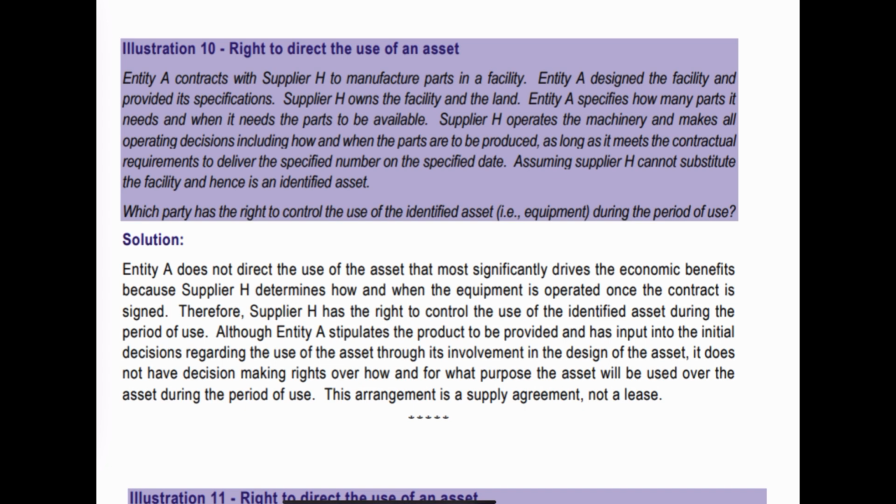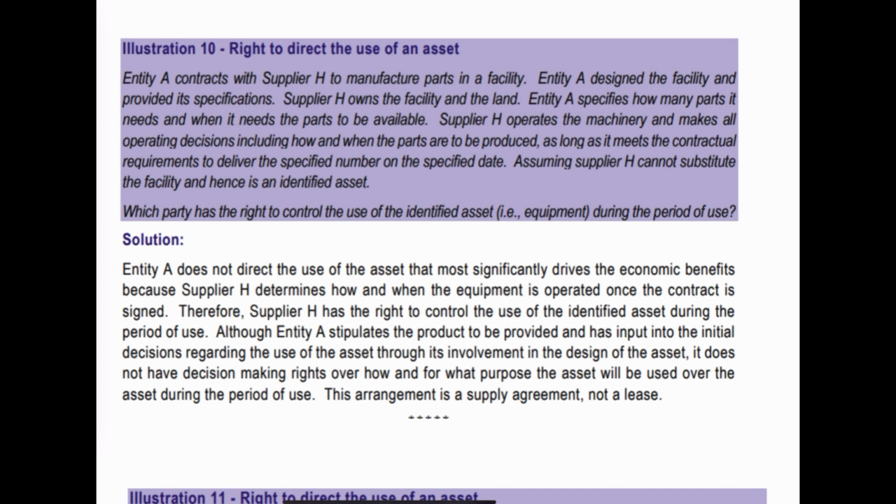Here entity A wanted some specific manufactured quantity by using the premises or factory facilities of supplier H. Supplier H will provide the factory facility, probably designed and customized for the requirement of entity A. But once the contract is signed, supplier H will have all the decision power to manufacture and then deliver all the components to entity A. So it's an independent supply arrangement.